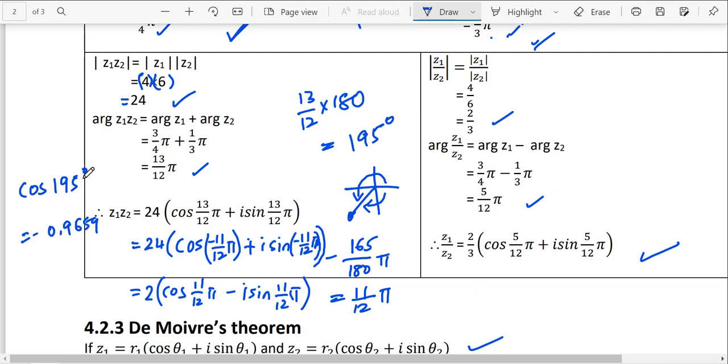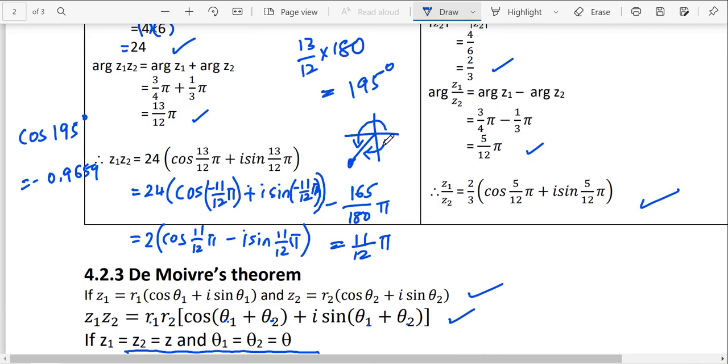Okay, this is cos 195. Okay, if you give me this, negative 11 over 12 pi is negative 165. Okay, this is 165, right? So you try to press cos negative 165. Can you get the same thing? Can you get negative 0.9659?